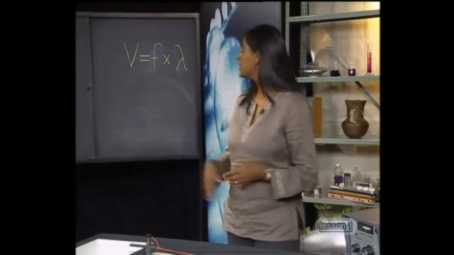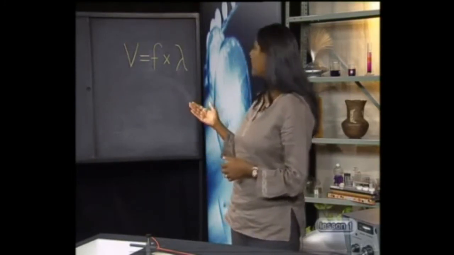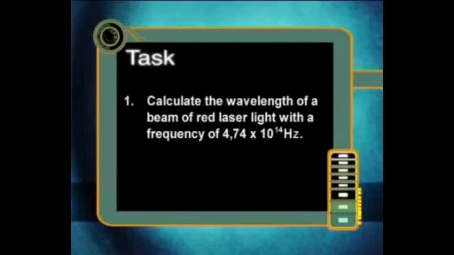Now remember that the velocity of any wave is related to its frequency and wavelength by the equation v = f × lambda. Now I want you to use this relationship to complete your calculation for today's task. Calculate the wavelength of a beam of red laser light with a frequency of 4,74 × 10⁻⁴ Hertz.